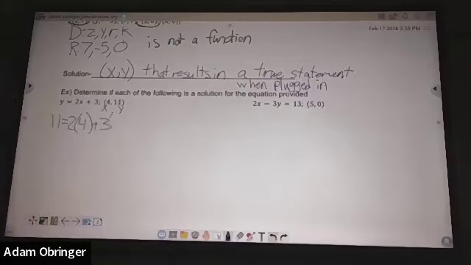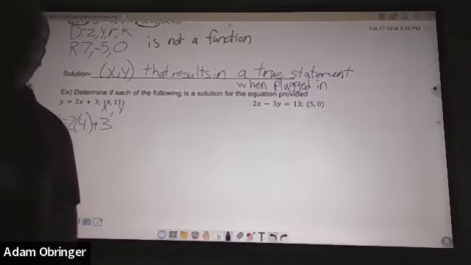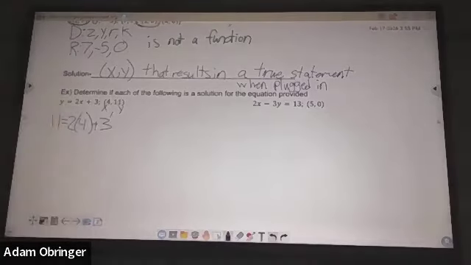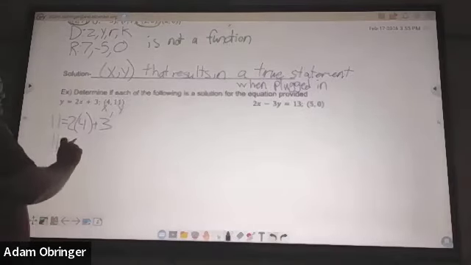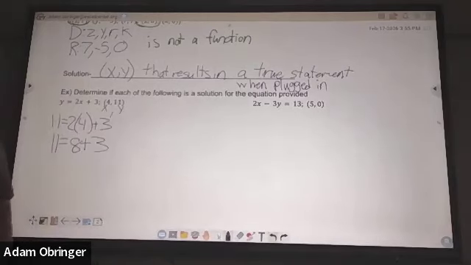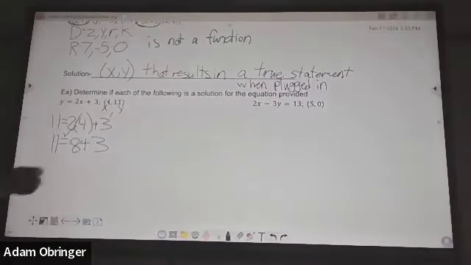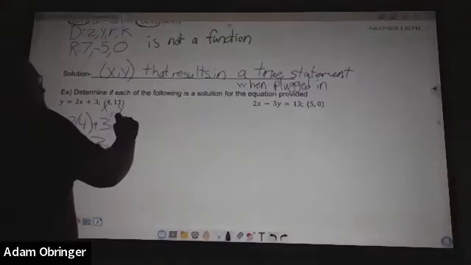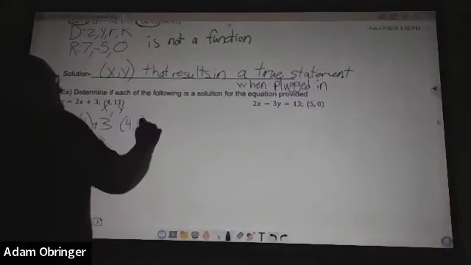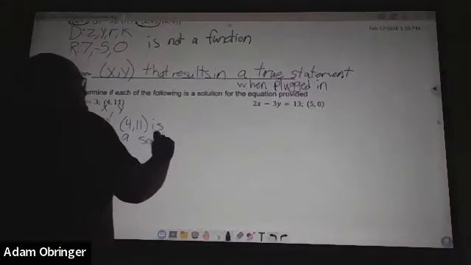As long as we know a possible solution, we can just plug in those values and try to get an answer. So 2 times 4 is 8. 11 equals 8 plus 3, which I would argue is a true statement. 8 plus 3 is 11. So as soon as I can guarantee that, and I say, yep, that's true, I can say that 4 comma 11 is a solution.